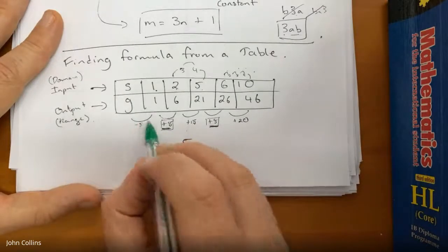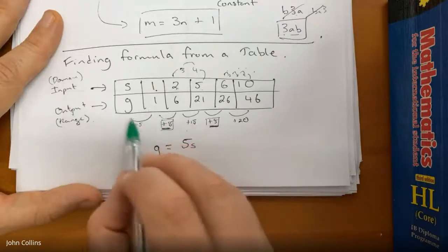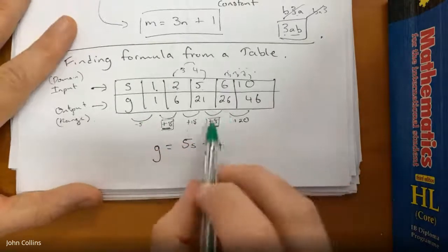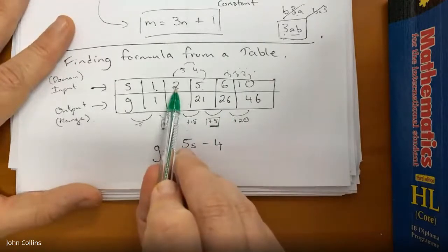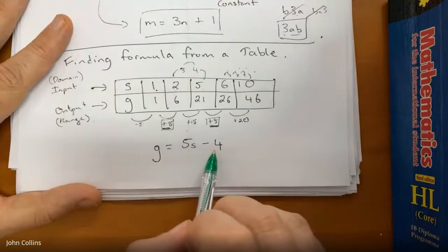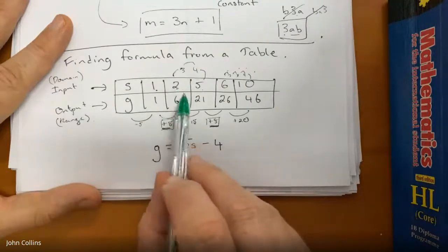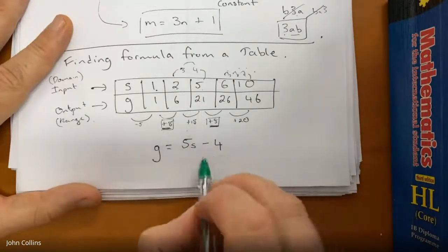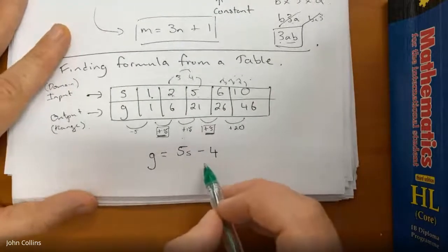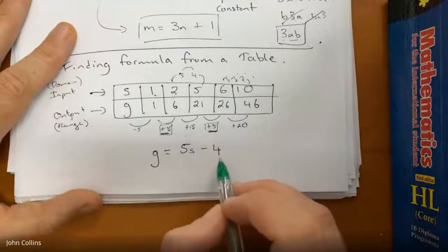If I subtract 5 here, because it's all jumps of 5, what was my initial 1? 1 take away 5 is minus 4. Or I could have just tested at any point. 2 times 5 is 10. Take away 4 gives 6. So I can test my point, whether I usually will have to add or subtract something here.